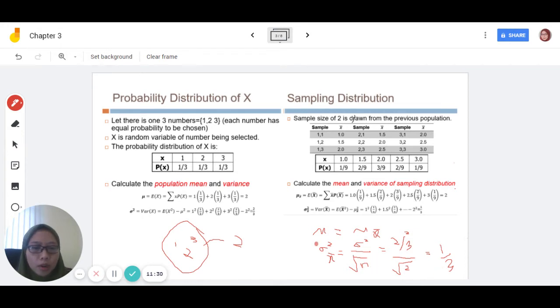For the variance of the sampling distribution we got 1 over 3, so it is proven based on the previous calculation.